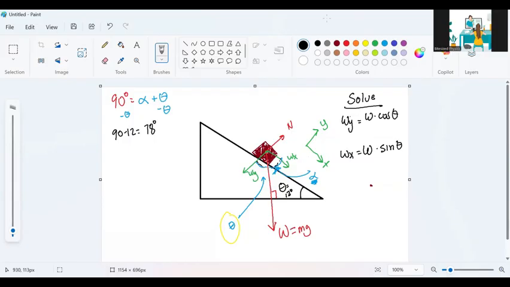So now we have both legs. One is weight times cosine theta, and the other one is weight times sine theta. So let's solve for the components. Let's solve for the y component.